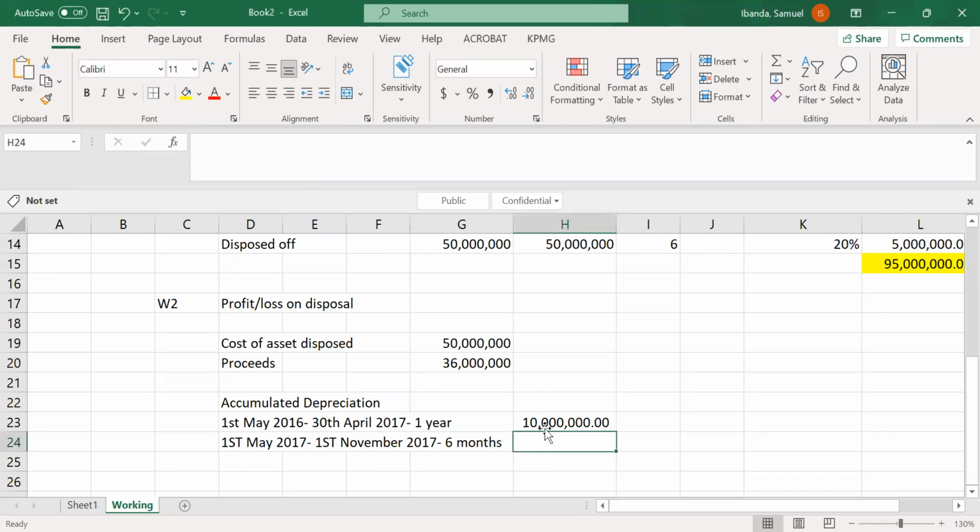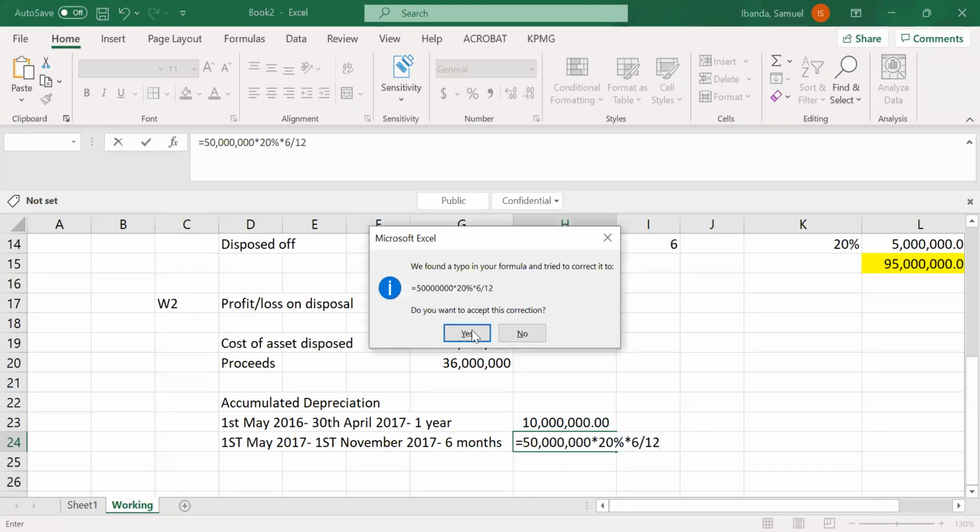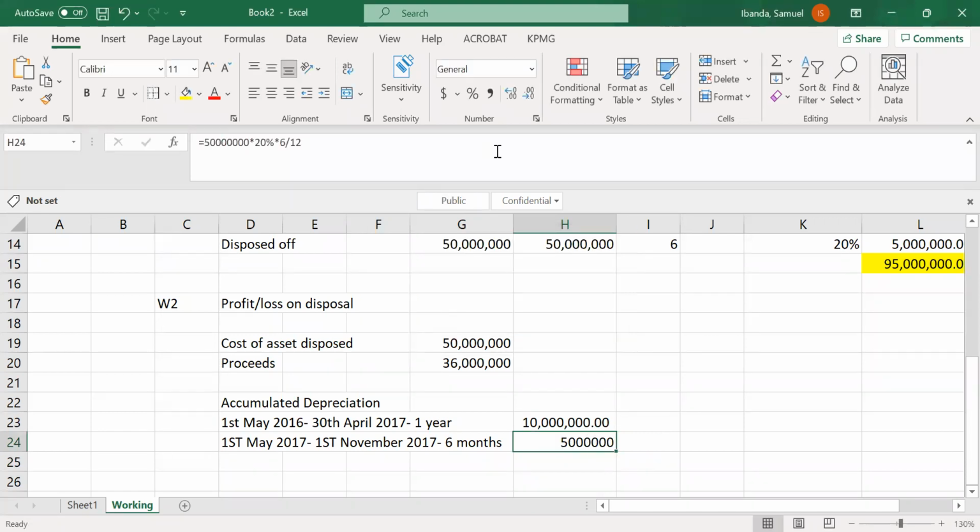So for this period, it was 50 million times 20% times 6 out of 12, which is about 5 million.